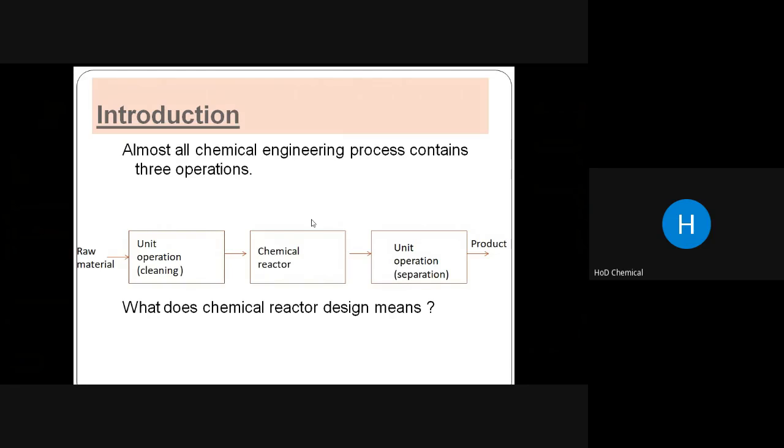From the reaction, how the chemical changes occur, how to optimize and how to calculate, that process we can term chemical kinetics. Chemical kinetics normally deals with the rate of reactions.